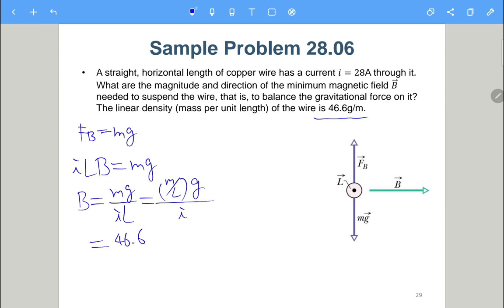So we need to convert it back to kilogram per meter because kilogram is the SI unit. So we need to multiply it by 10 to the minus third power, like this.